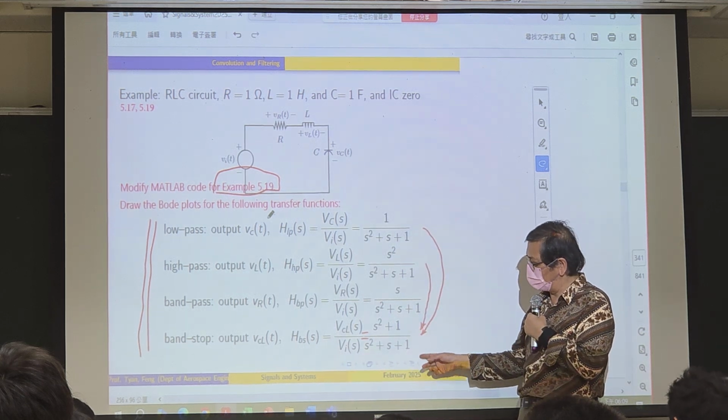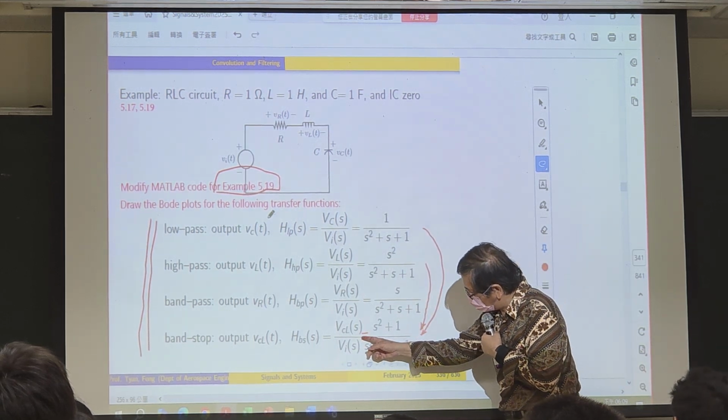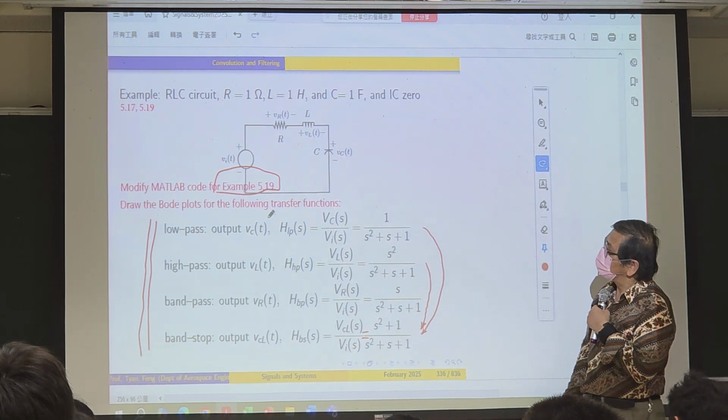That's the natural picture. Okay, there's an equal sign missing here.